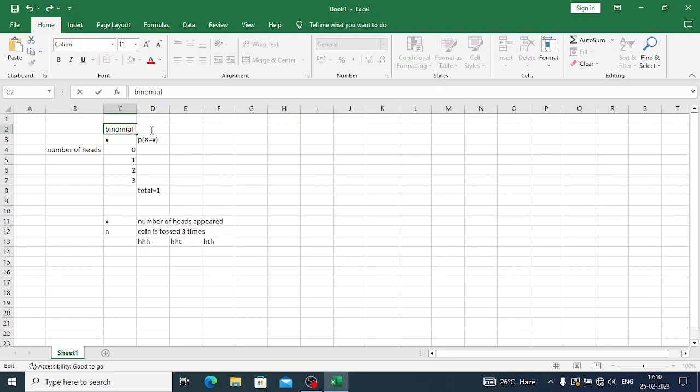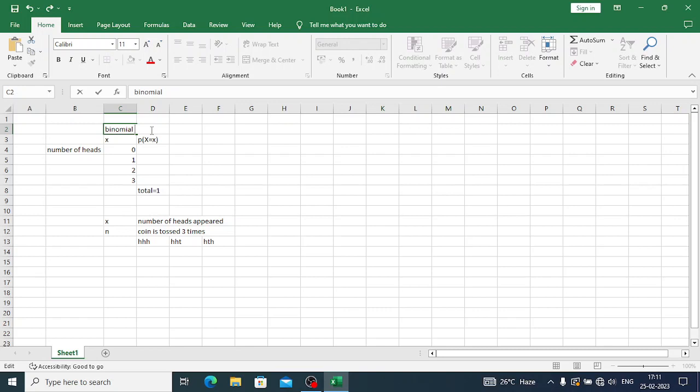Among that, n is the number of trials, and x is the number of successes in those n trials. That means if we are tossing a coin 3 times and I am searching for head, then the number of heads is your number of successes. Number of successes will be either 0, 1, 2 or 3 times.